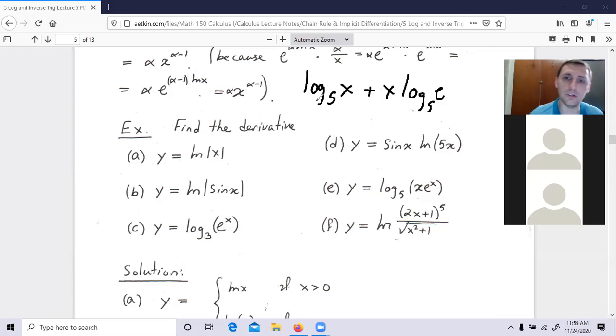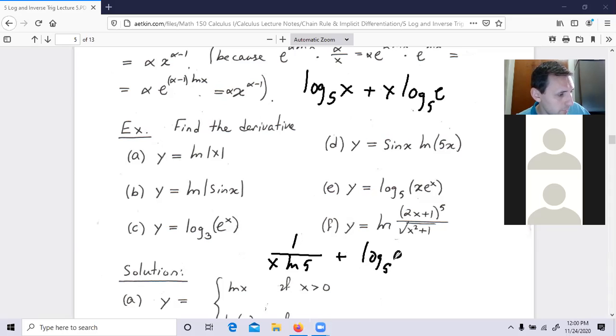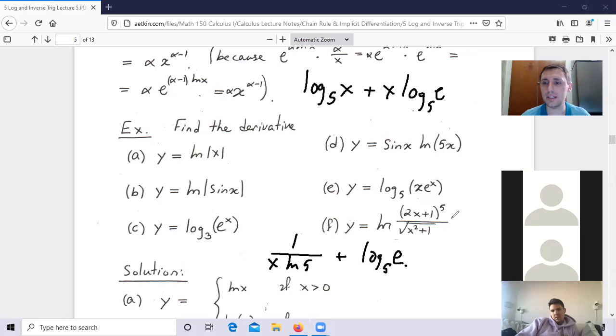So what's the derivative of log base 5 of x? It would be 1 over x ln 5, plus this derivative is simply log base 5 of e. I'm done. Good? Everyone understands?